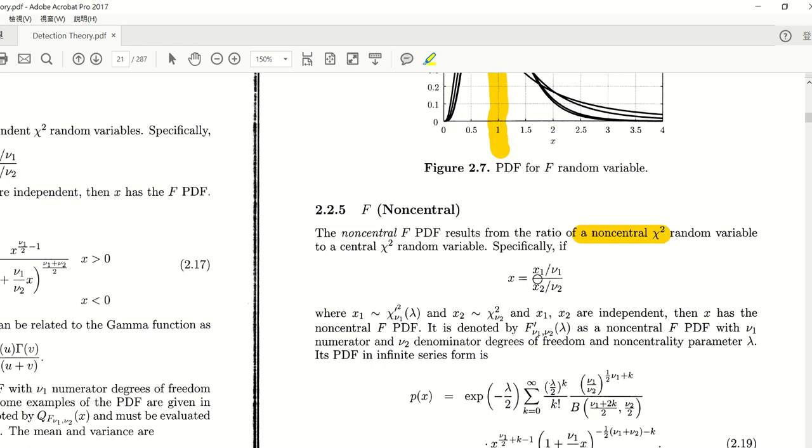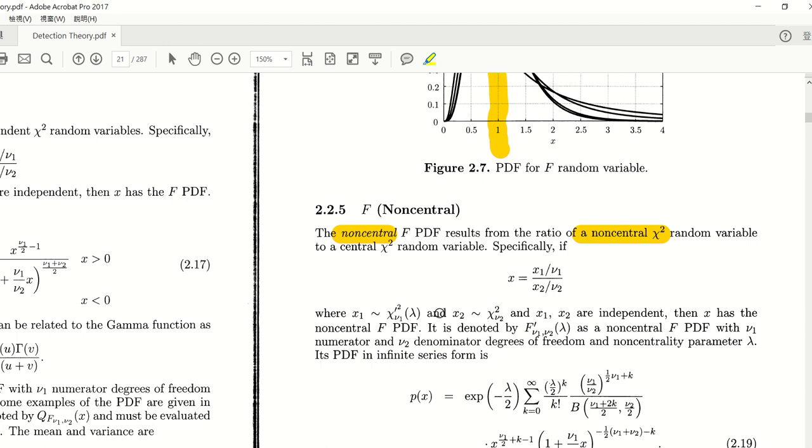Of course, they have to be divided by their degrees of freedom, x1 over V1 and x2 over V2. And then you take the ratio, and you will see that x is distributed as the non-central F PDF.